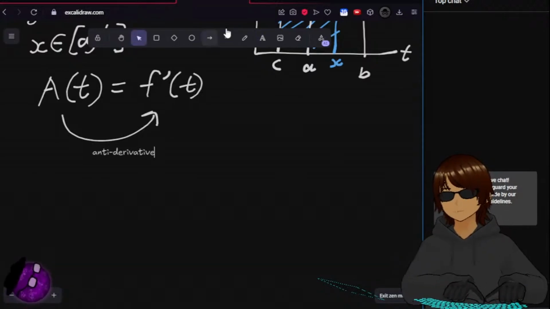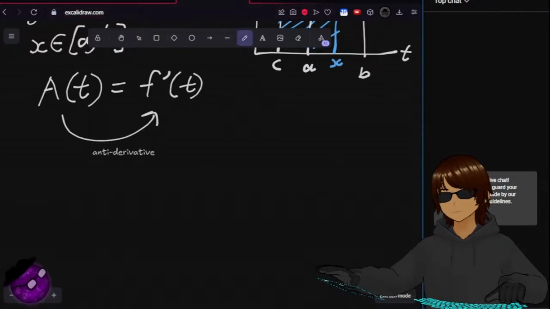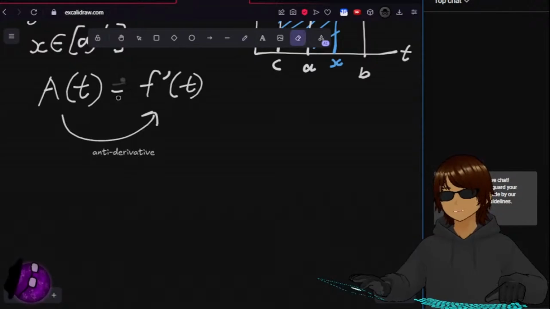Antiderivative. A of t is the antiderivative. If you take the antiderivative of a of t, you get f of t.